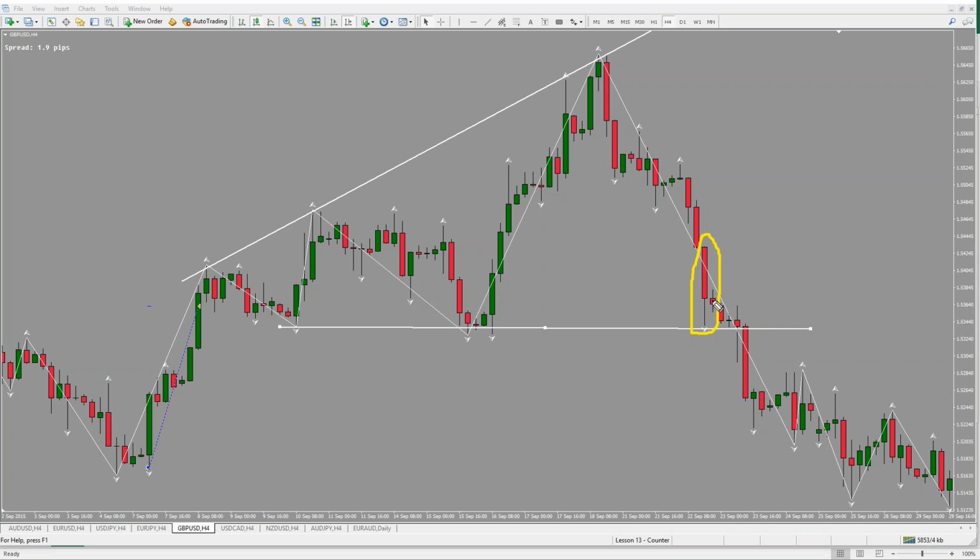Would you say that that was a correct setup there? The line's not quite, but it's not too far off. Do you think that this setup would have been an inside candle to try and trade this direction? Yes or no? The answer is yes. It's an inside candle.